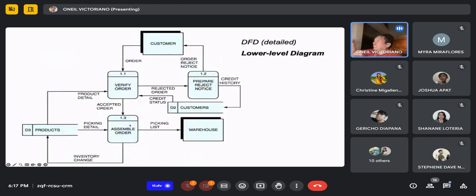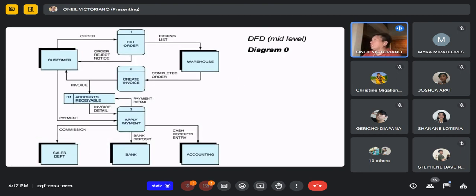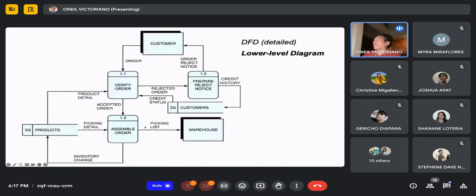If you go more detailed, if you break down fill order, you might have processes that verify the order, prepare a reject notice if there's a problem with the order or the customer's account, and assemble the order. So again, DFDs depict the different data and process flow of the organization.